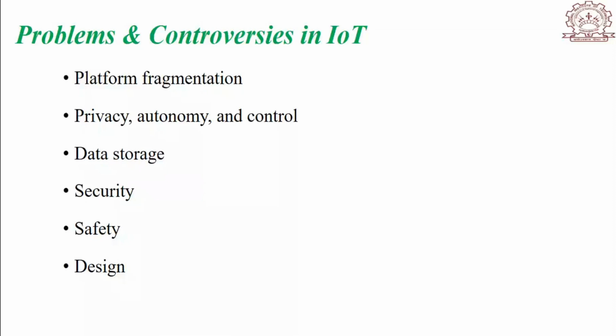Some person can raise the issue of privacy, and there can also be a security threat. People may take advantage of this and reduce the safety. So these are some problems: data storage, security, safety, and design problems.